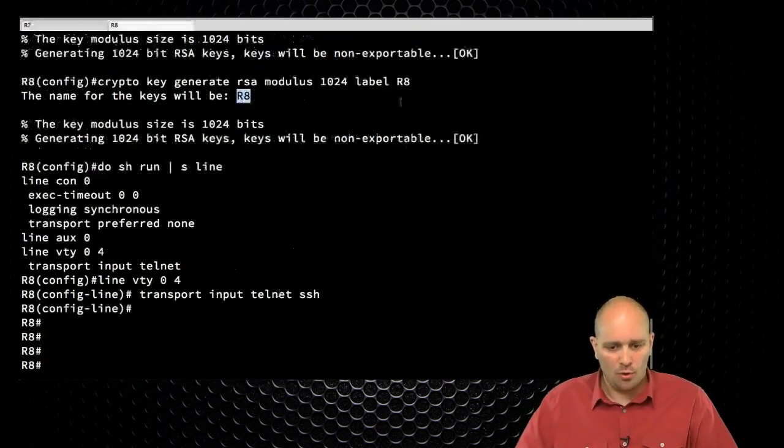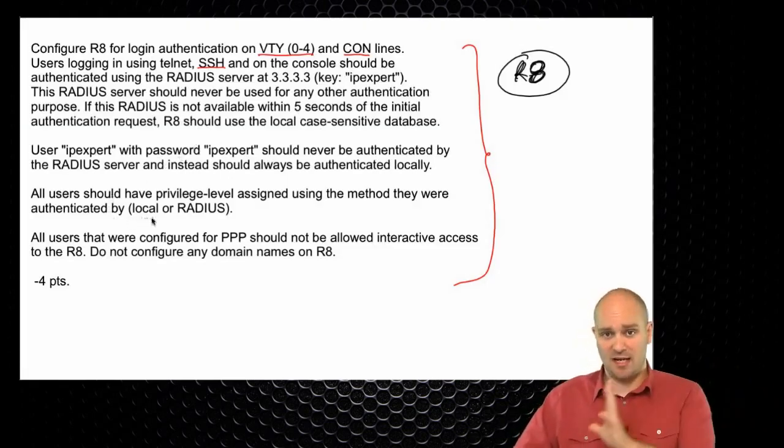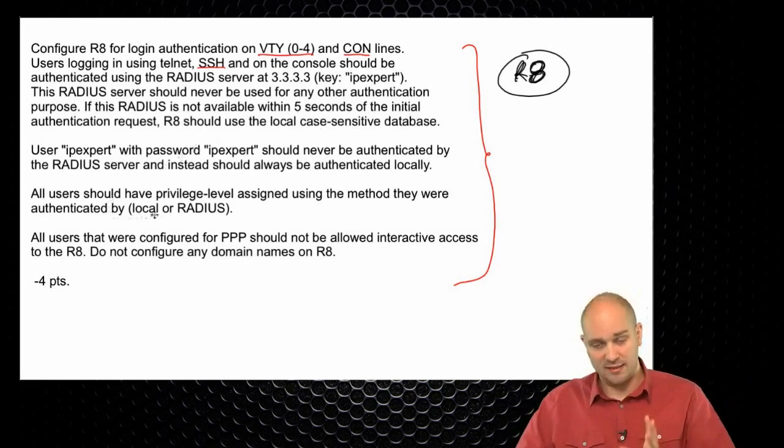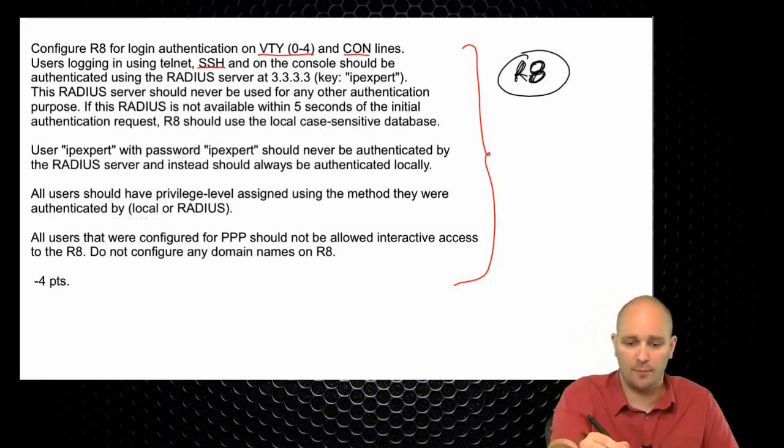Now we have done basically the telnet and SSH, we can access there, and now we have to look at these more advanced configurations. The thing to worry about here is the part of the requirement that says that the radius that we are using for this task should never be used for any other authentication purpose.